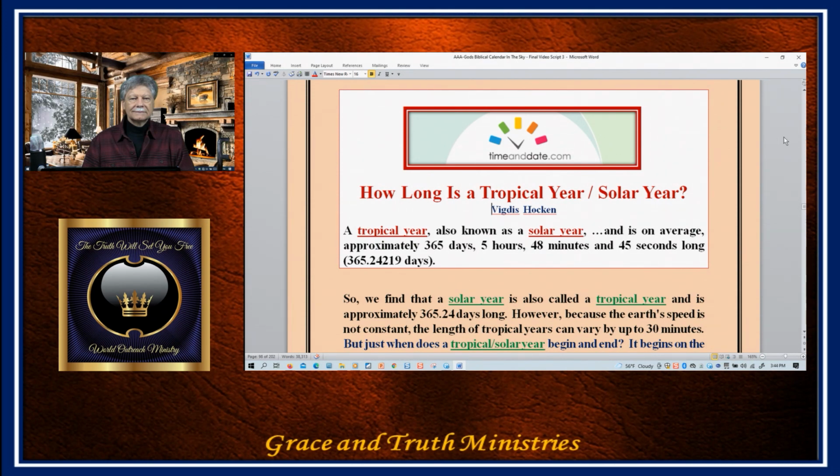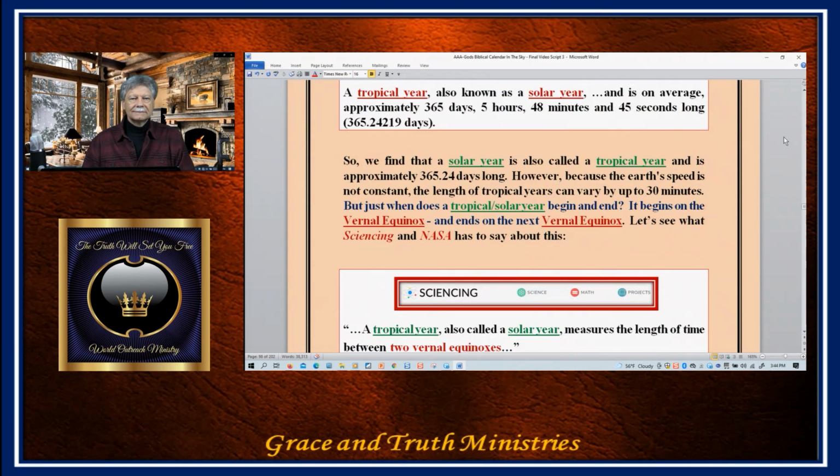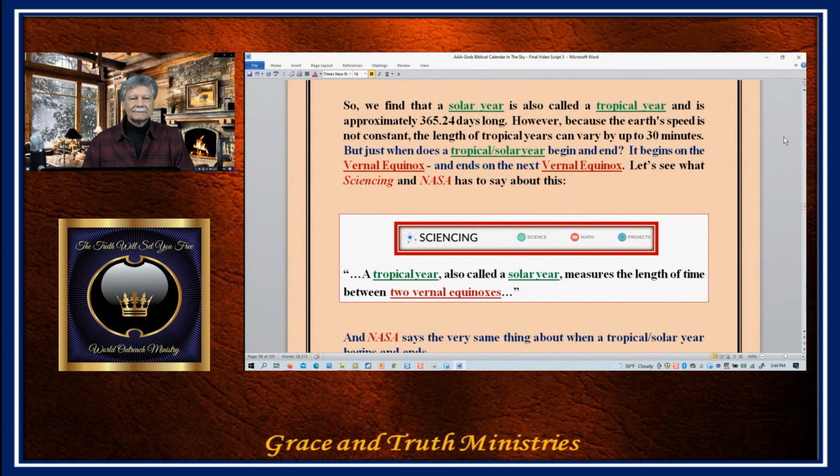Quoting, it says, a tropical year, also known as a solar year, and let's keep that in mind, that they're interchangeable, and is on average approximately 365 days, 5 hours, 48 minutes, and 45 seconds long. So rounding it off, it's 365.24 days. So with this information, we find that a solar year is also called a tropical year, right? And is approximately, as I just said, 365.24 days long.